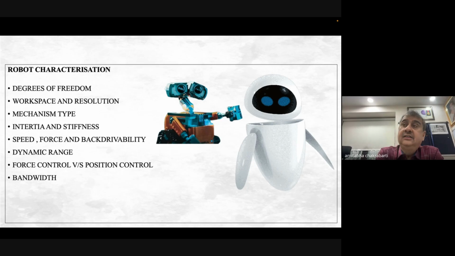That stiffness and inertia will prevent the movement one is expecting. This limiting frequency is known as bandwidth. So this is very important while doing a robotic surgery or any robotic activity, particularly from a distance in a telerobotic way. So these are the robot characterizations.